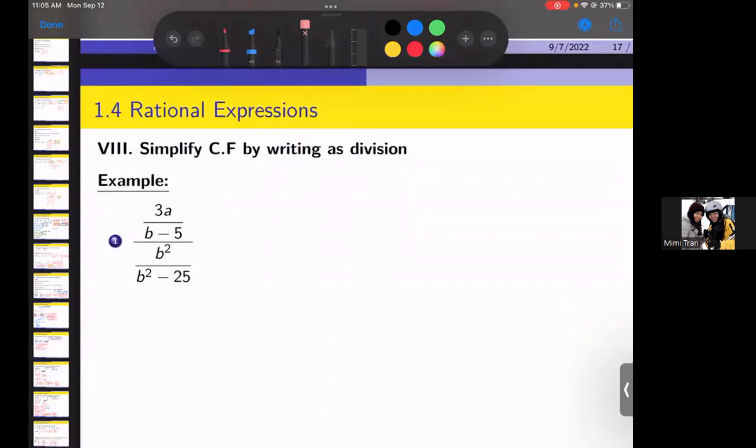Simplify complex fraction by writing as division. So this one I rewrite as 3a over b minus 5 divided by b squared over (b plus 5)(b minus 5).